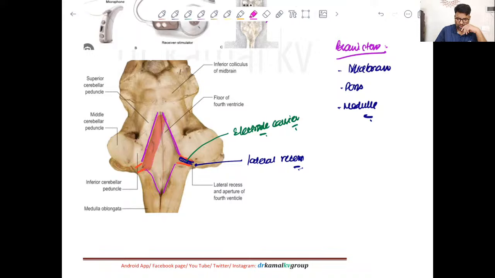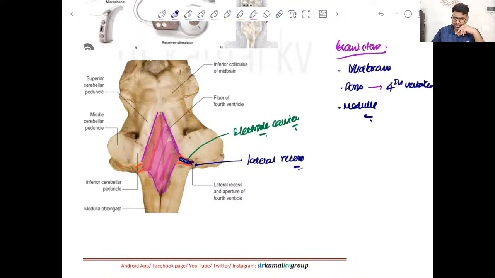Anatomy wise, the floor of the fourth ventricle is related to the pons. In simpler terms, pons is related to the fourth ventricle, right?